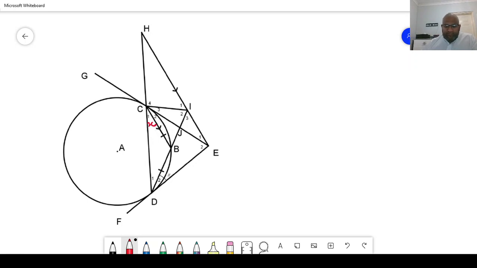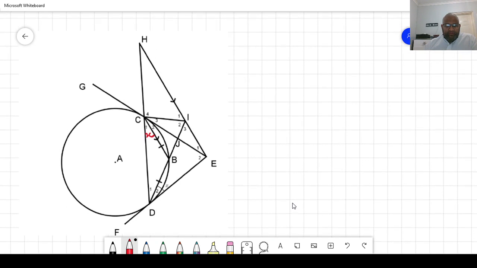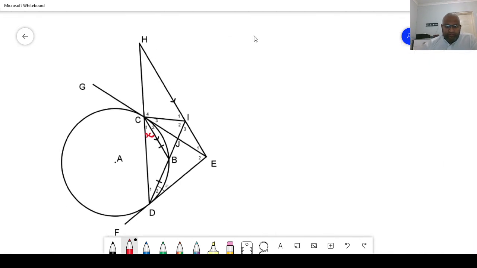Okay, this is question 9.3.1. So you're saying angle C1 is equal to X, tan chord theorem. Okay, my handwriting is bad. Tan chord theorem.